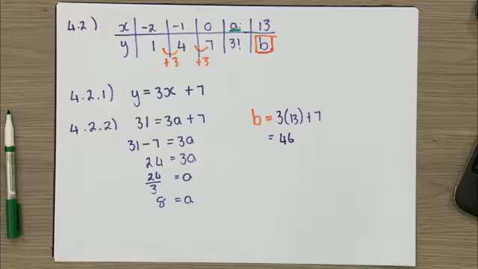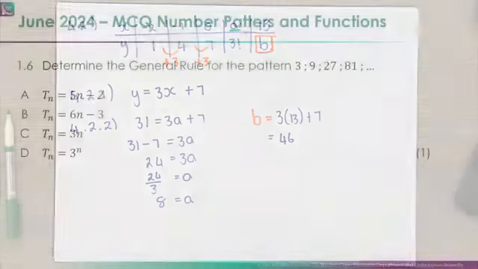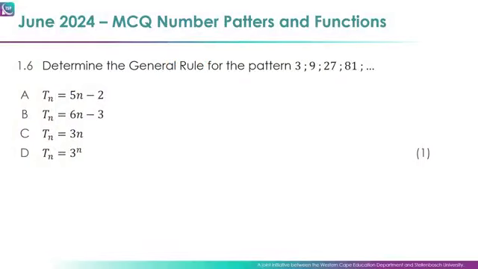46. Let's go back now to our multiple choice, and we are going to look at question 1.6, and we're going to do this one together. So question 1.6, they ask me to determine the general rule for the pattern 3, 9, 27, and 81.